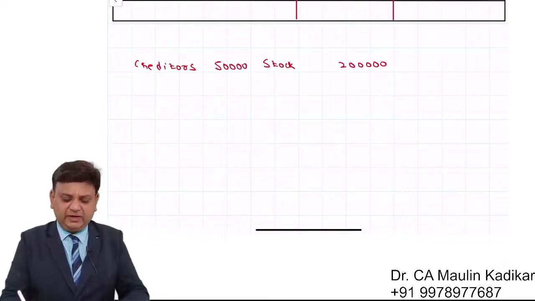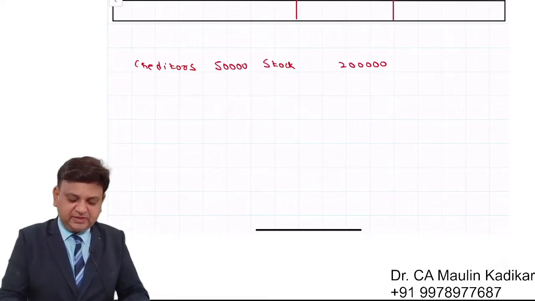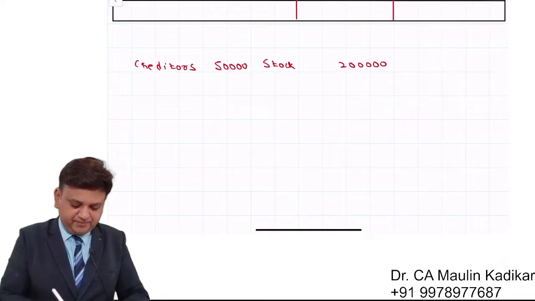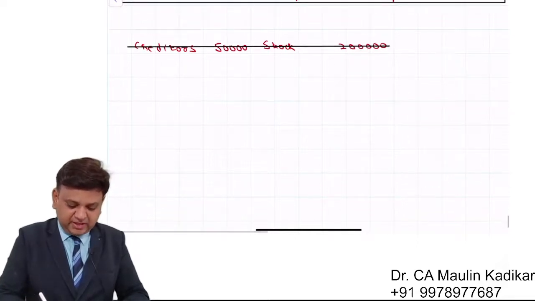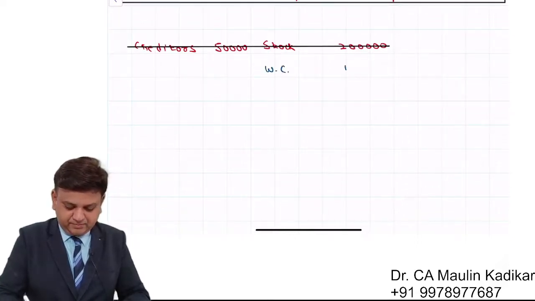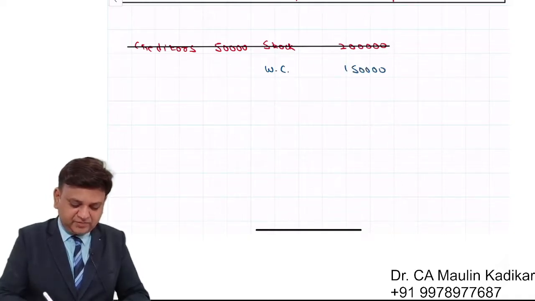So in short, with the implementation of the new policy, there is an increase in the stock and an increase in the creditors. So there is an increase in the working capital by 1,50,000. How is this 1,50,000? It is 2 lakhs minus 50,000.